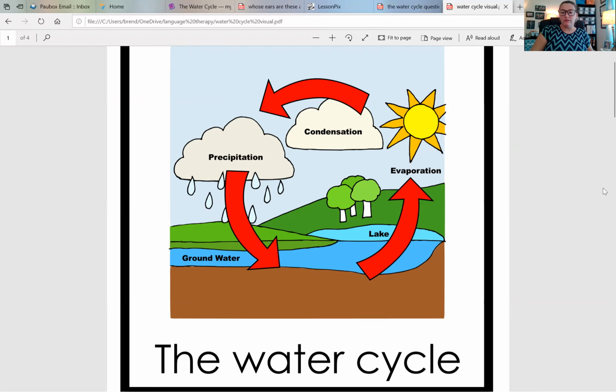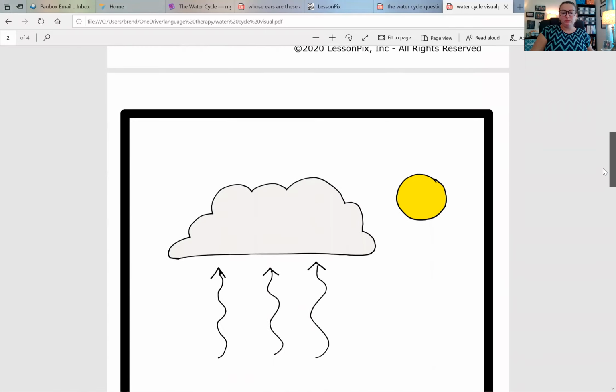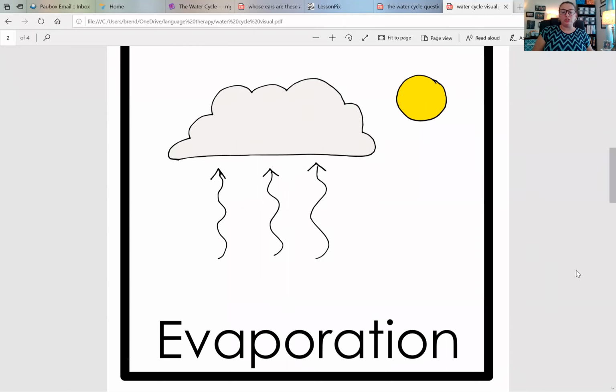That is called evaporation. Okay, so here's a picture of evaporation. So the water turns into a gas form. That's called vapor. So that water that's laying out on the ground, it lifts up, it's gas, and it lifts up into the clouds. That's evaporation.